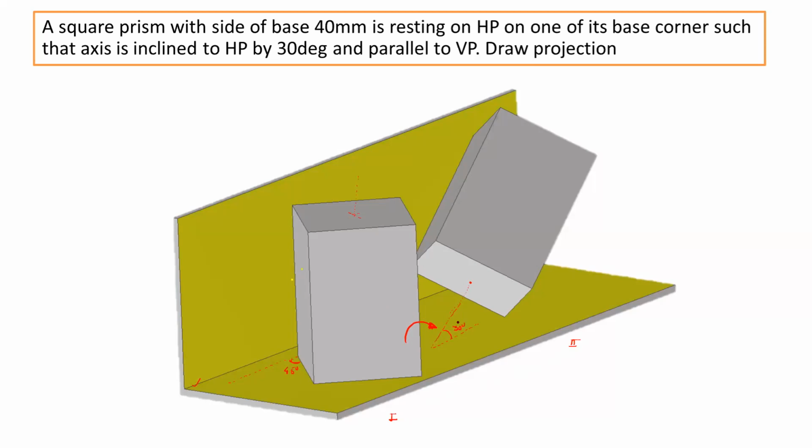If this angle is 30 degree, then any one base edge will make an angle of 60 degree, because this is 90 degree. So this is the second stage orientation. We have to just rotate this first stage prism in the clockwise direction by 30 degree. And then we have to draw the front view and top view.